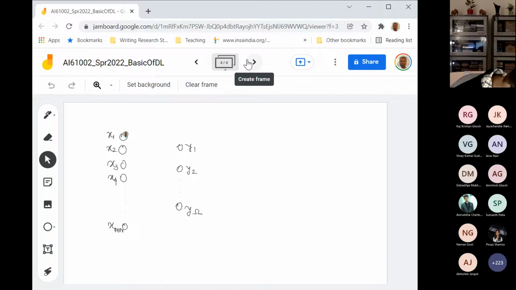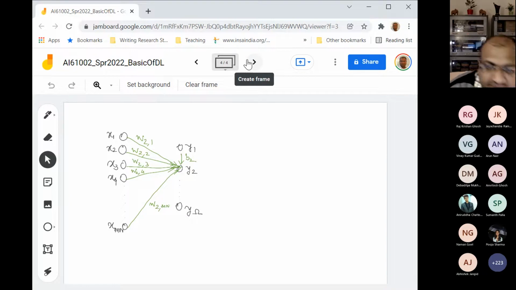So what I would do, change the color. Now I will be making another connection. This is now written as W2,1, W2,2, W2,3, W2,4, up to W2,mn. And I have a bias which is B2.